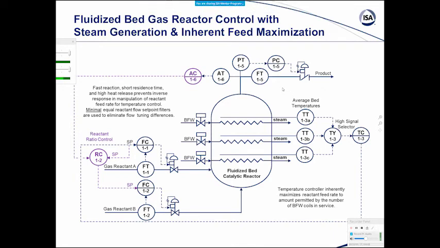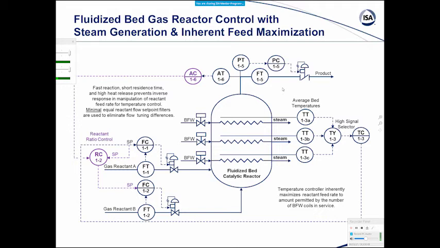Now, we have the situation of a gas reactor, fluidized bed. And boy, this actually looks a lot simpler in terms of providing temperature control and also in terms of maximizing production rate.